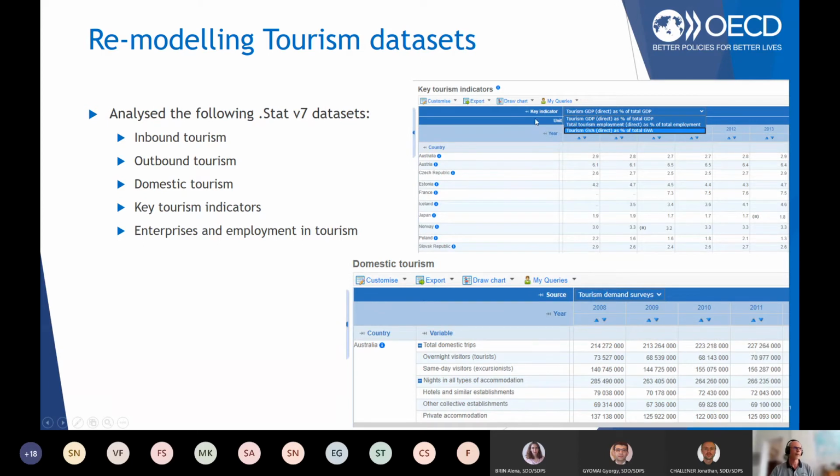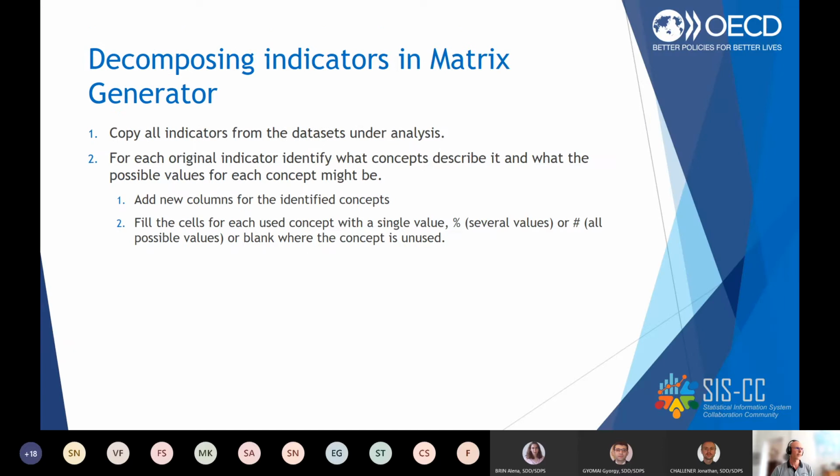So one of the ideas behind this whole harmonization and migration project is to align or harmonize our metadata, such as the concept names, to move away from different things like key indicator and variable. So what we do is then we take all those indicators, or things being measured, from the analyzed datasets, and we put them into a worksheet in the matrix generator called decompose indicators.